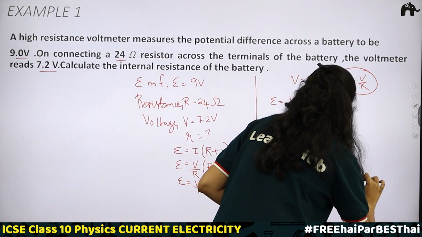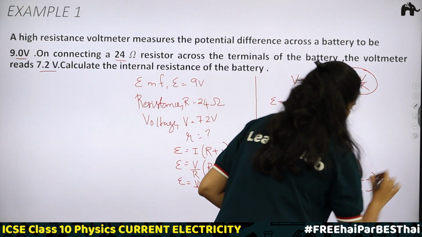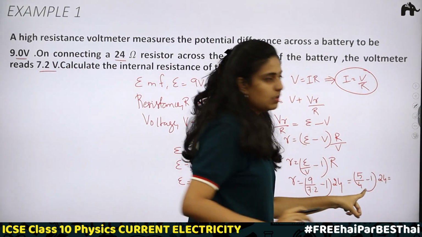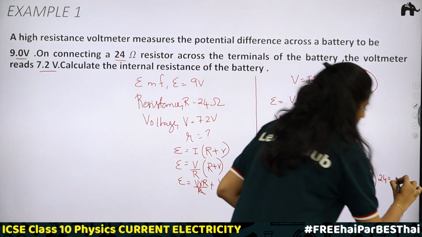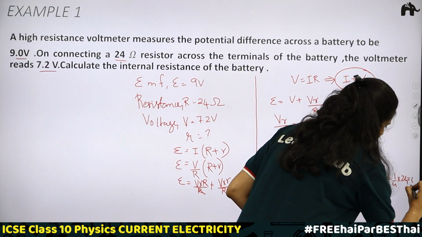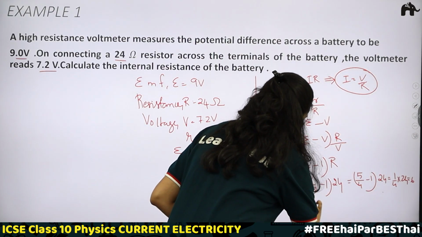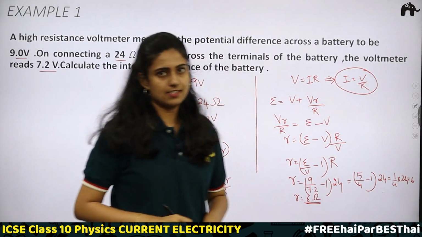Okay, therefore 5 by 4 minus 1, into 24. Taking the LCM, denominator we get 4, (5 minus 4) divided by 4, which is 1 by 4 into 24, you will be getting the final answer 6. Okay, therefore the internal resistance is 6 ohm. 6 ohm is your internal resistance.